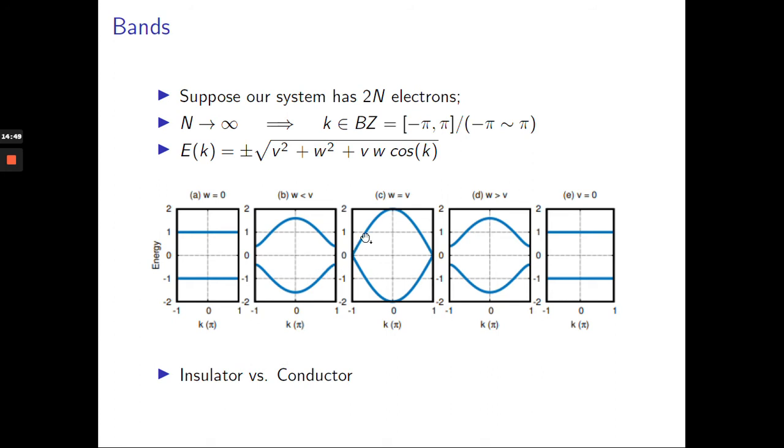If we have our two N electrons in this system, we will have two electrons for each value of k, and we will have electrons occupying states with these negative, or in this case, zero energies.